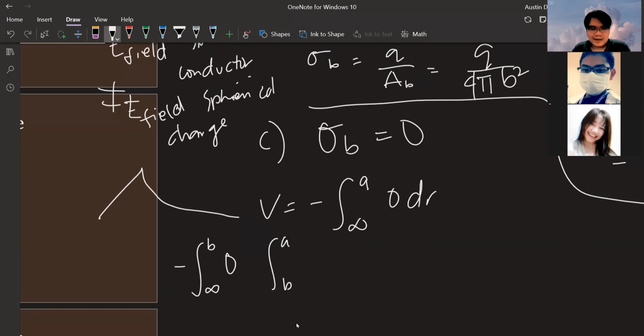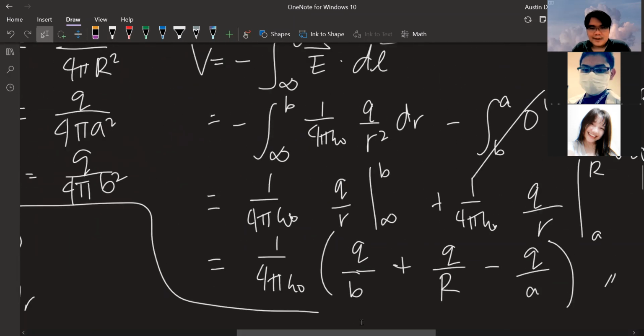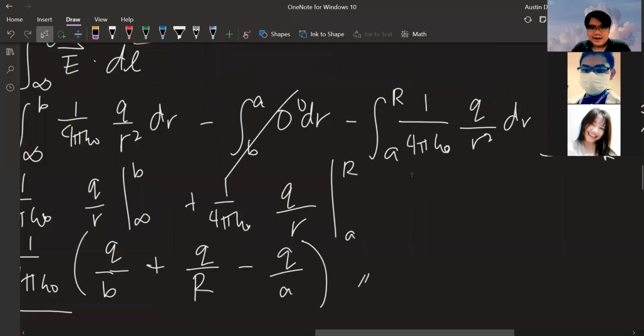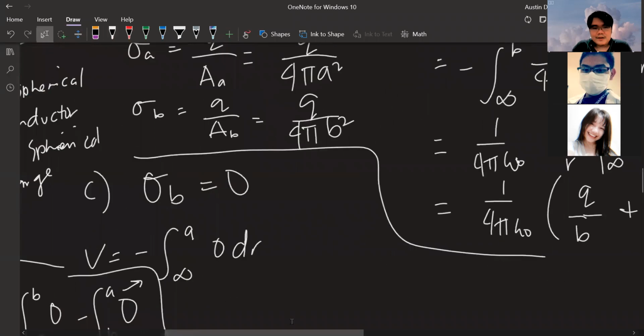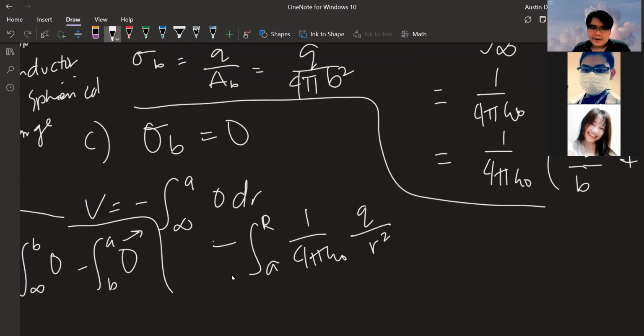Tapos yung B to A, zero din. Then pwede mo silang i-combine like this. Okay. So you have this. And then you just continue with your life. Meron kang A to r, then r to 0. Pero yung r to 0, alam naman natin, 0 lang. So we are actually left with negative integral from A to r, 1 over 4 pi epsilon naught times Q over r squared dr.